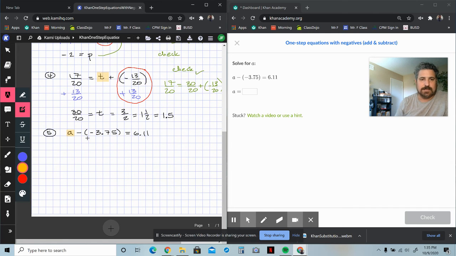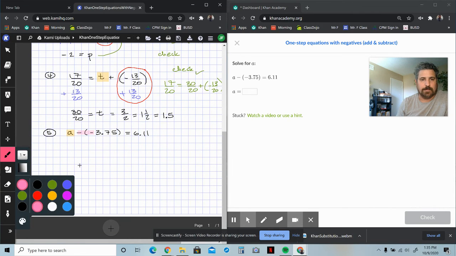Well, this is a little tricky if you're not thinking carefully, so let me slow it down for you. Taking away a negative, as you guys know, is the same as adding the opposite of a negative, or adding a positive. So we could rewrite this as plus, I'll write that in pink here. This is the same as plus 3.75, right? And now I think it makes a lot more sense how we can go from there to get the correct answer.